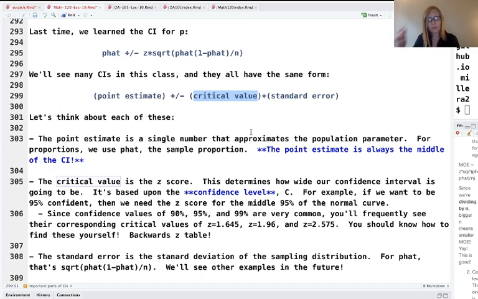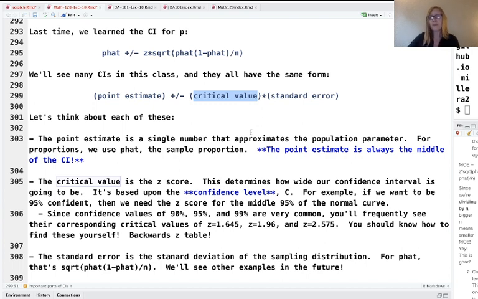I make up weird ones sometimes, like middle 98% or middle 80%. Whatever that middle range we're talking about, that's the confidence level. And whatever our confidence level is, that determines what the z-score is going to be. In this context, those z-scores are called critical values because they determine how wide the confidence interval is going to be.